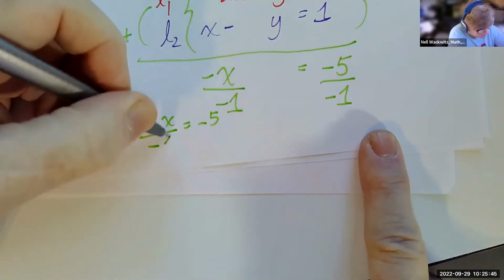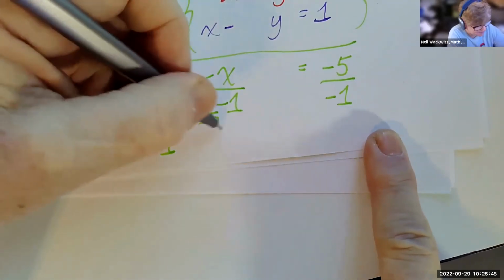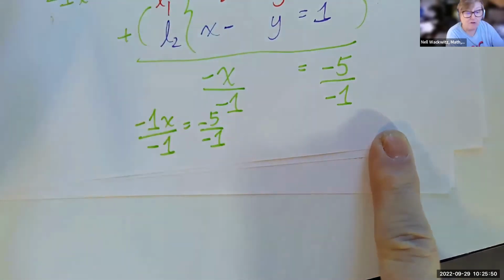I'm dividing by the coefficient of x, the number out front.